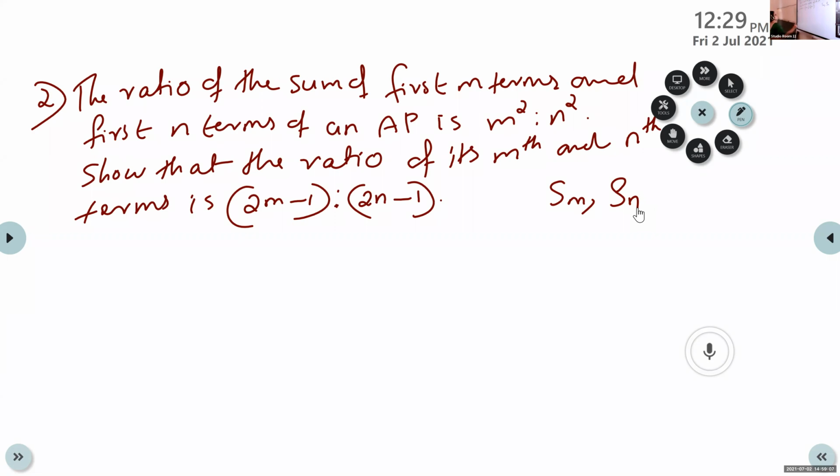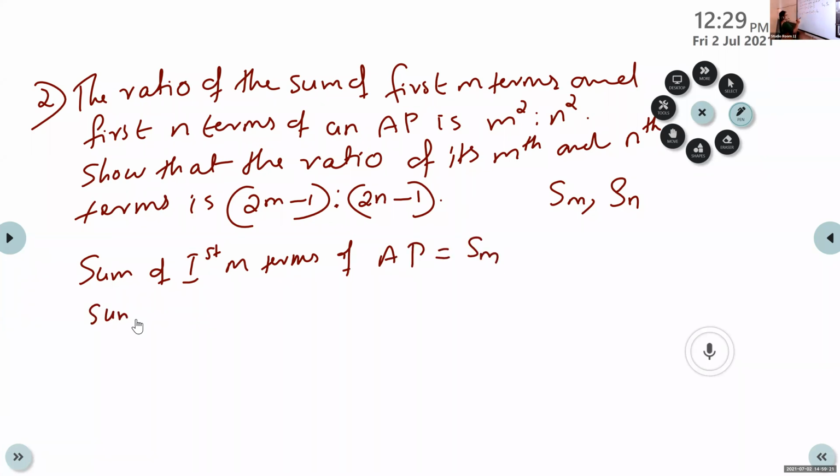Okay. So we will write: sum of first m terms of AP is Sm, and sum of first n terms of AP is Sn.